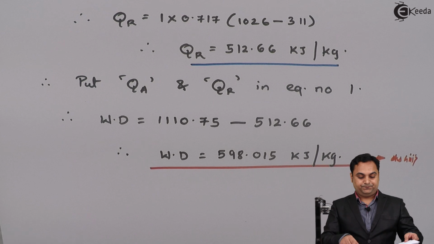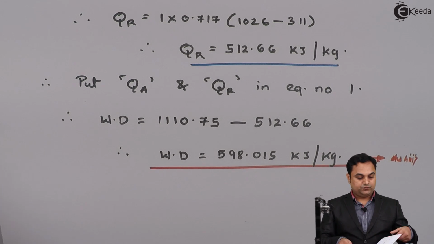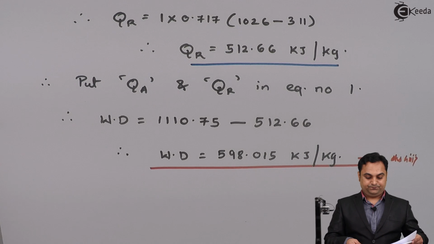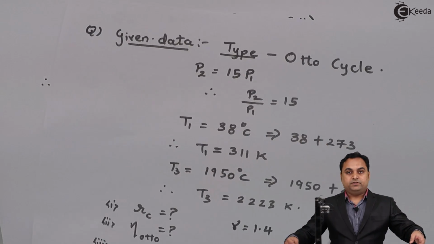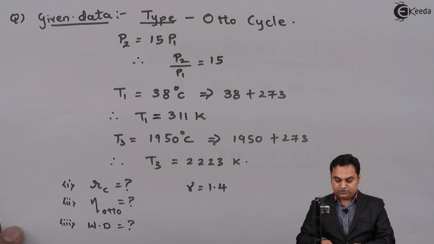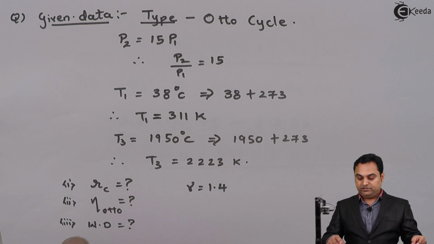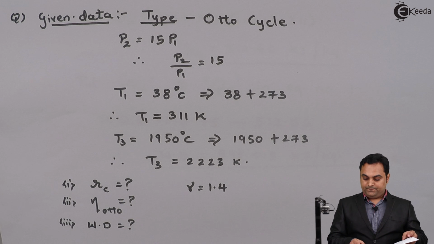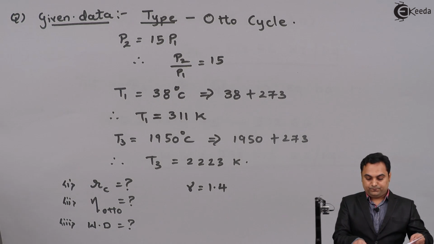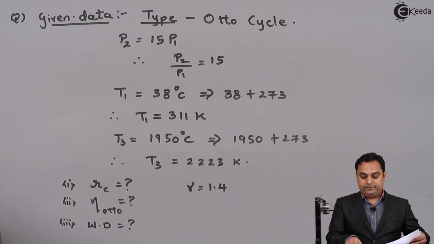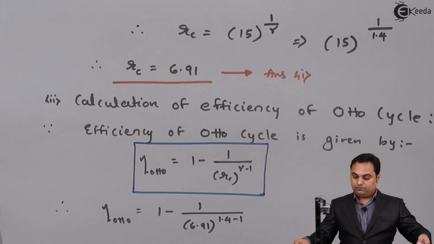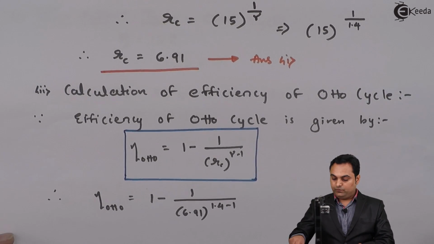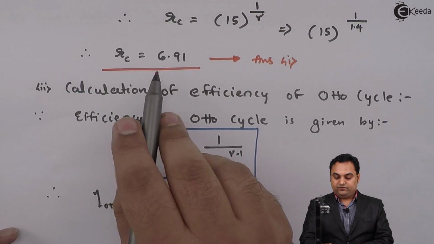So here, if we see in this question, there were 3 things asked. First was RC. RC is nothing but compression ratio, and that compression ratio was found to be 6.91. So this was the first answer.